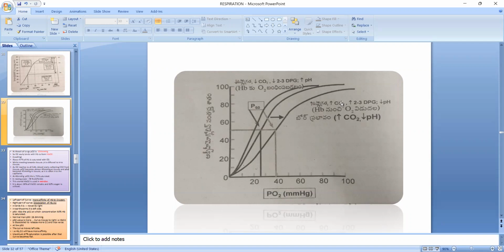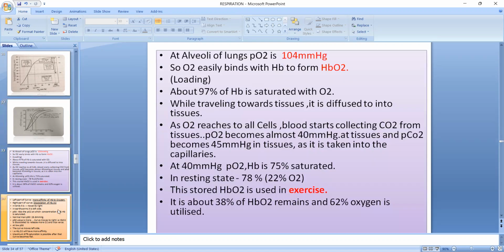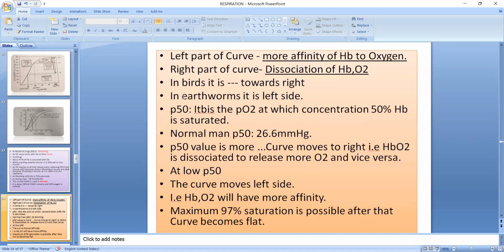Okay, so the graph tilts right side in the birds, whereas in earthworm, which is a very lazy or slow movement exhibiting organism, there is less utilization of oxygen, less release of CO2, so the more association is present. అదే ఇక్కడ ఈ రెండు ఎగ్జాంపుల్స్, ఒకటి బర్డ్స్ ఇవ్వడం జరిగింది, ఇంకొకటి ఎర్త్వామ్స్.